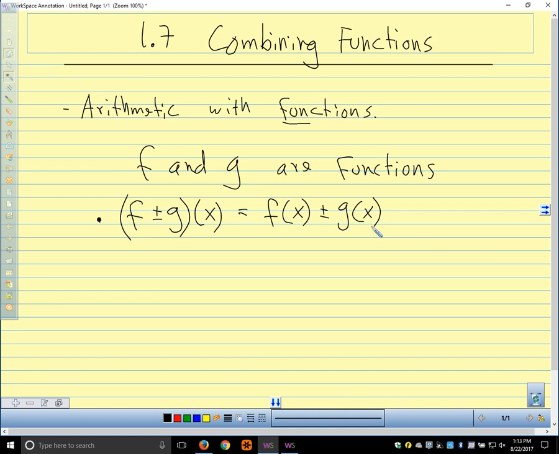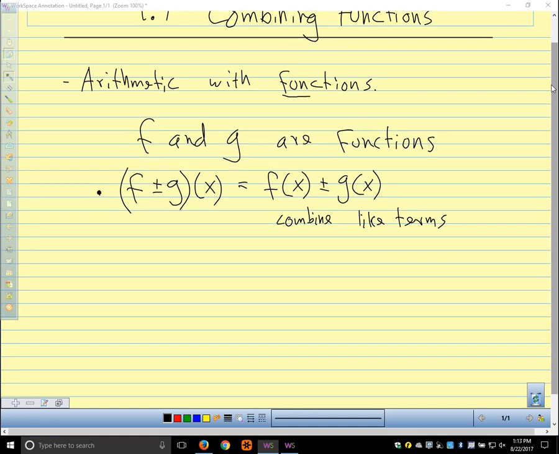So what do we do with that 2x and that x when we add them together? What do we call that? Combining like terms. Yes. So when we're adding, subtracting, essentially we're talking about combining like terms. It's something that we've been doing for a long time. We're just making it a little more formal now. Combine like terms.